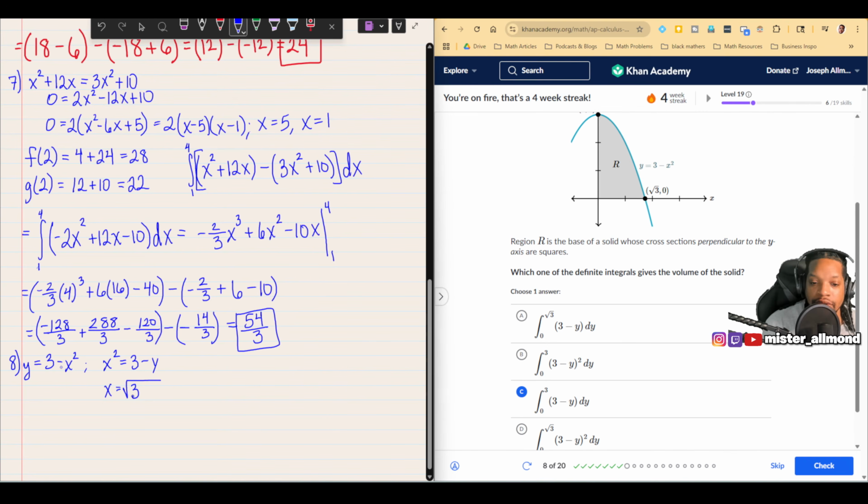Okay. Number 9. We're almost halfway, bro. Okay. So we got, as a particle moves along the number line, its position is s of t, velocity is v of t, and acceleration is 12t minus 4. Okay, so we know that the integral of 12t minus 4 dt is my velocity function.